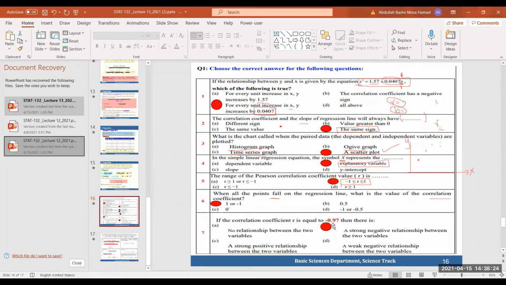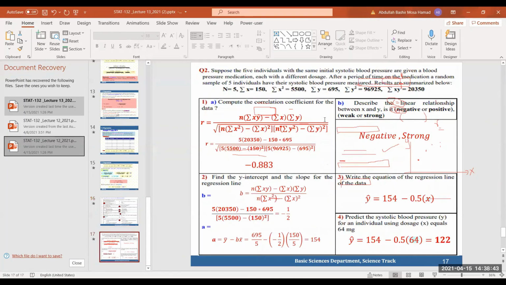Yes, negative, strong. If plus 0.97, then it is strong positive relationship between the two variables. Yes, exactly.